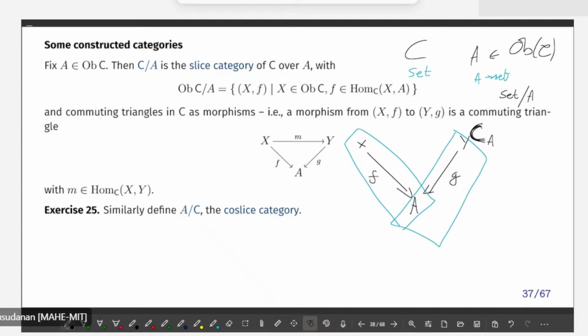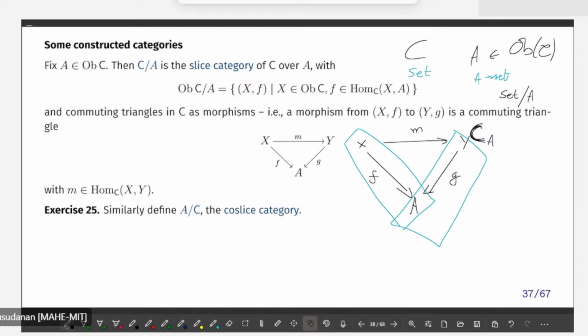Then you have to define composition. I mean, you have to define morphisms first of all between these objects. So you define a morphism using again morphisms from the original category, but not all of them, only ones satisfying some condition. What condition should they satisfy?